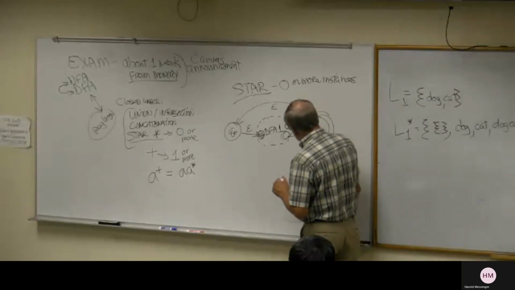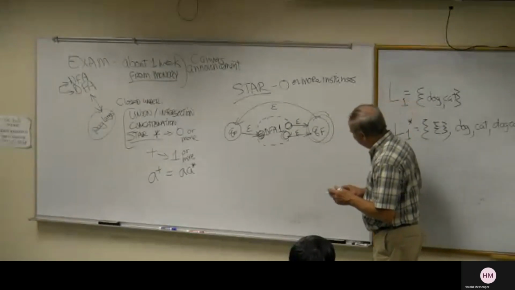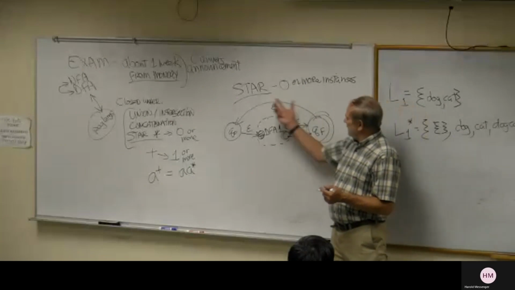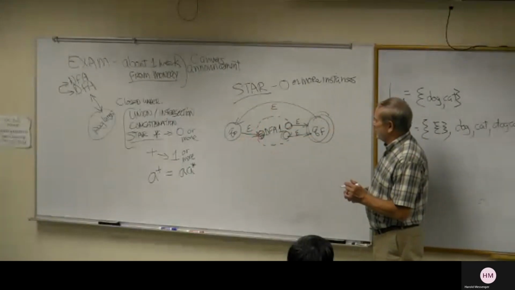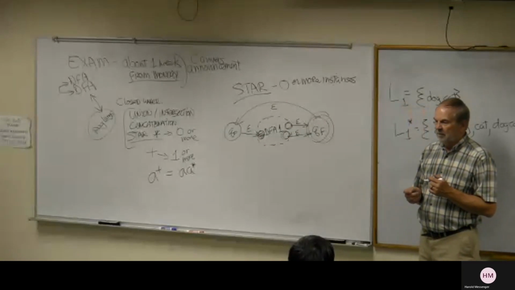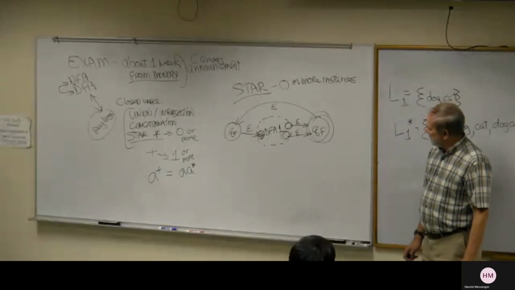But you hopefully are seeing a pattern. I'm doing it purposely with this, putting the epsilons around. We're missing one option that the star gives you. Let's see what that is.